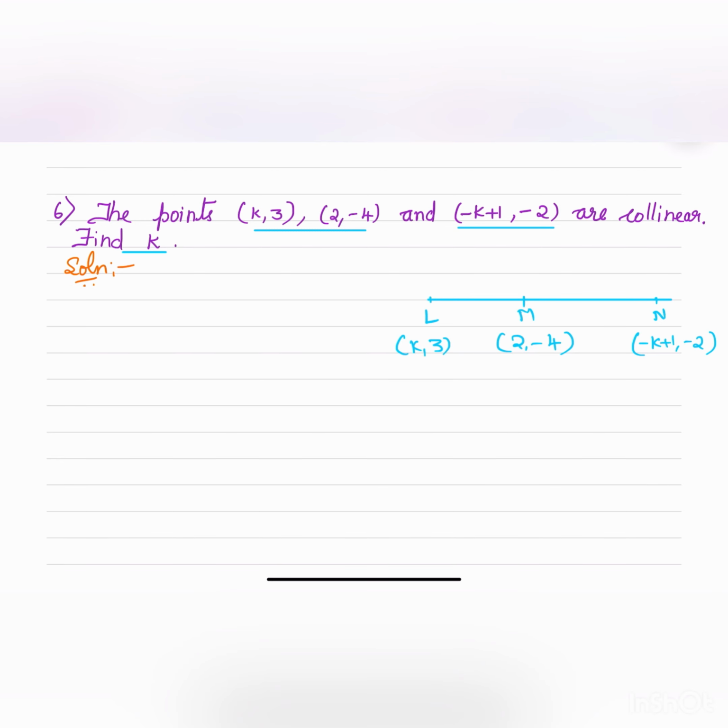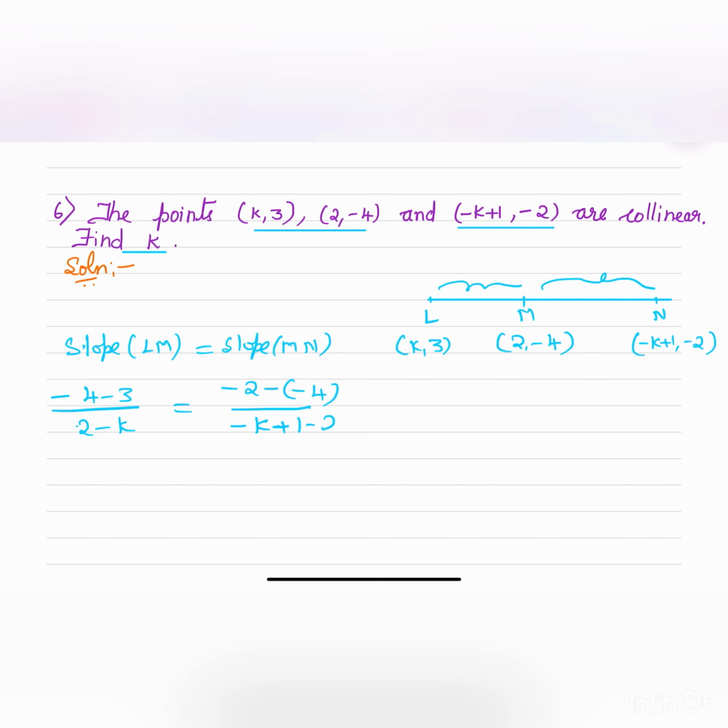Now if they are collinear, then the slopes are equal. Slope of LM is equal to slope of MN. Now, (-4 - 3)/(2 - k) is equal to (-2 - (-4))/(-k + 1 - 2).